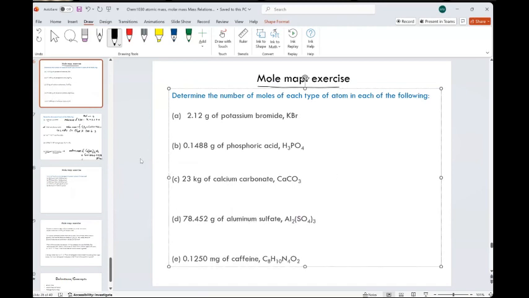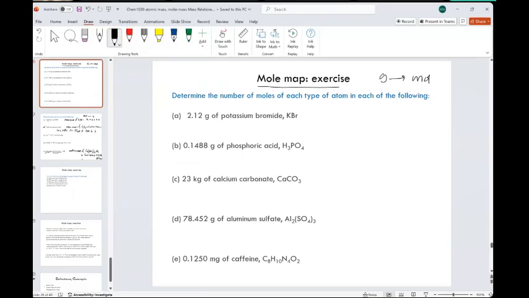So the big picture here is gram to mole. Still molar mass comes here. But in that case, you do the division with the given amount by the molar mass. So again, first need to find the molar mass.